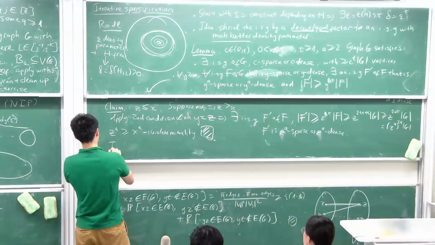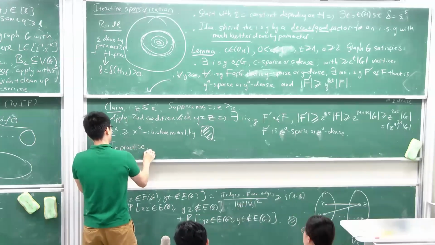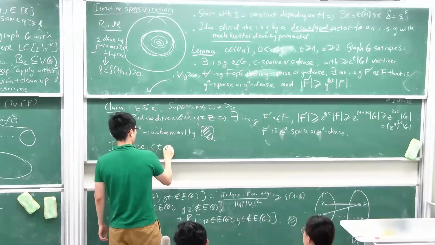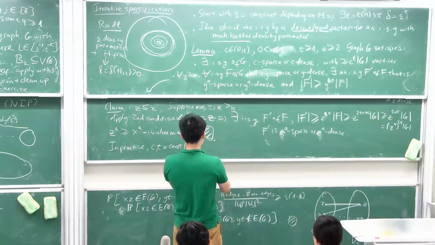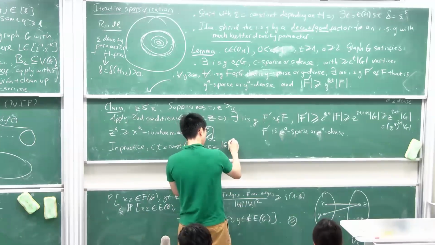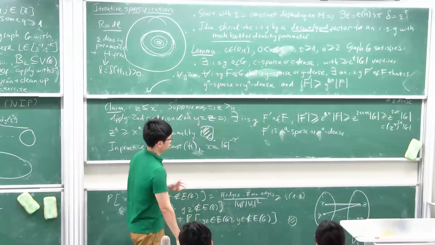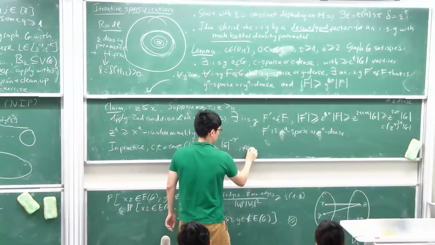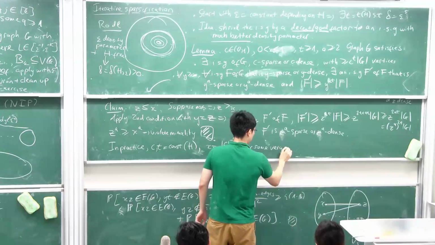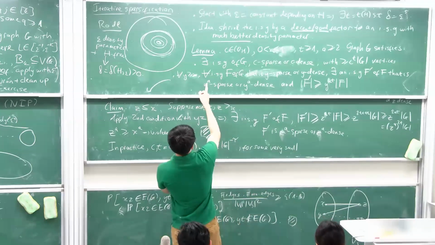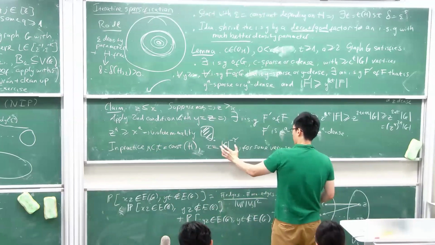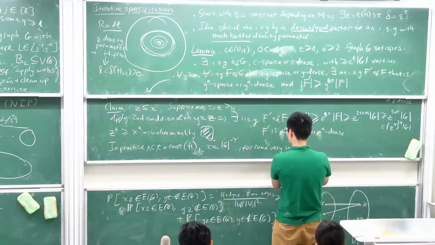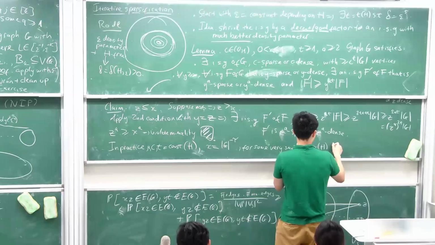So in practice, C, A, and T are constants depending on H, of course, and X is going to be G raised to some very small power, G to the minus tau, some very small power of G inverse.